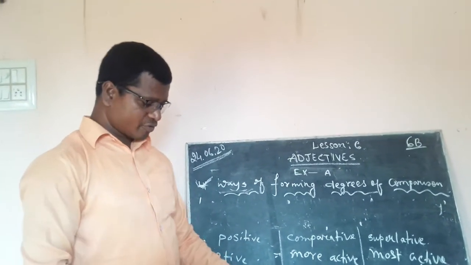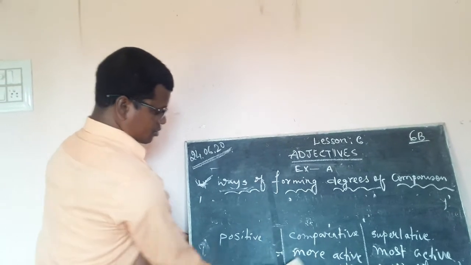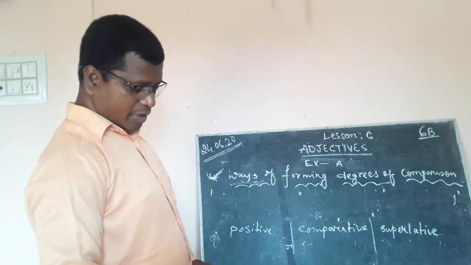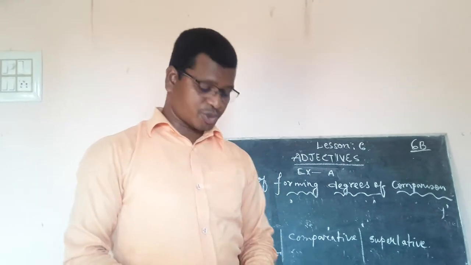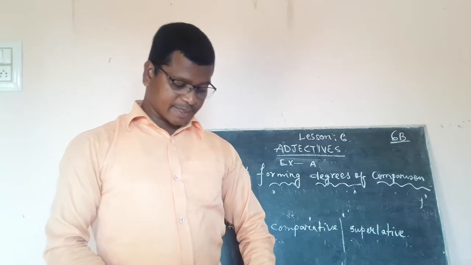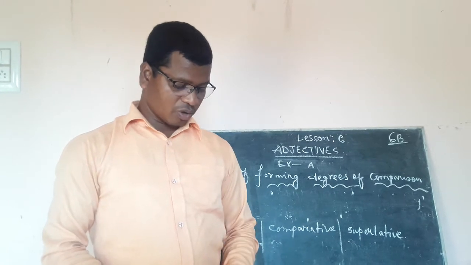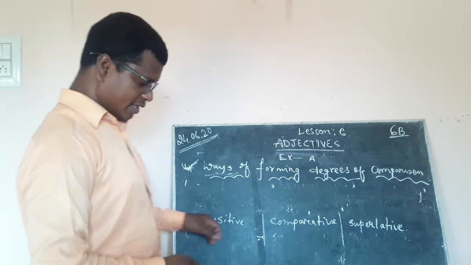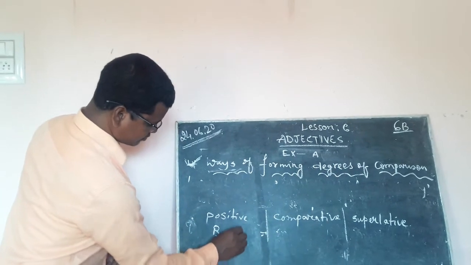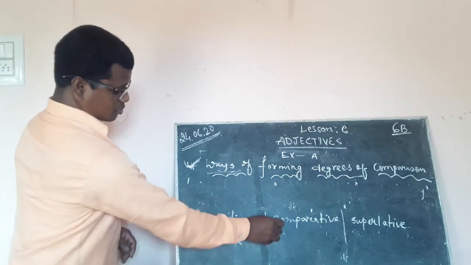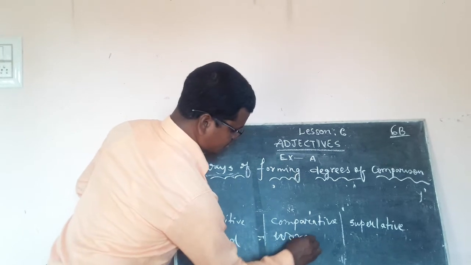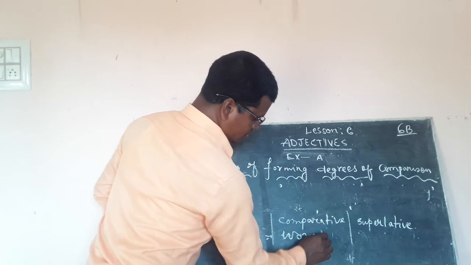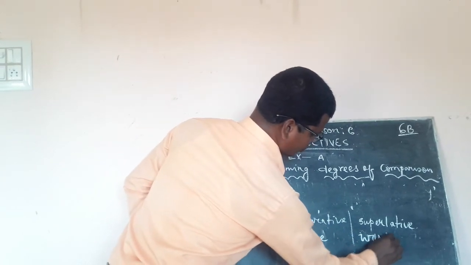And one more we have for today, that is by using unique forms for some single syllable words, also called irregular adjectives. Let's see one or two from here, like bad. So it becomes worse, and then worst.